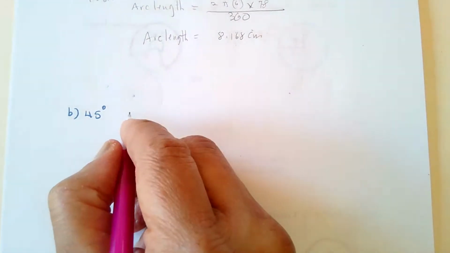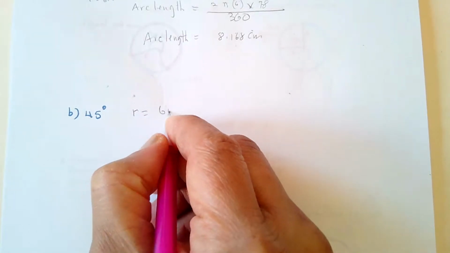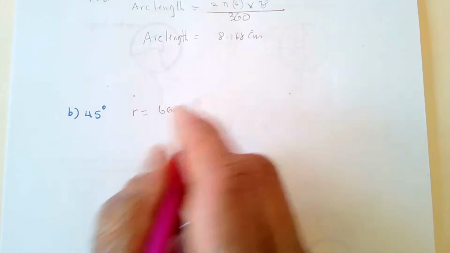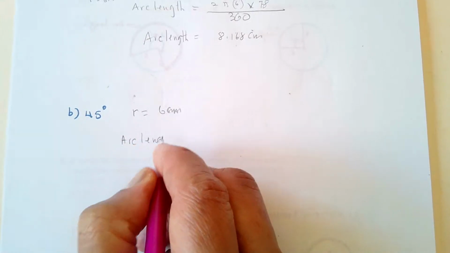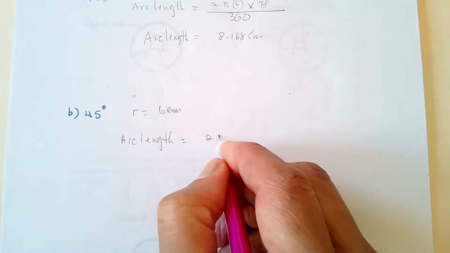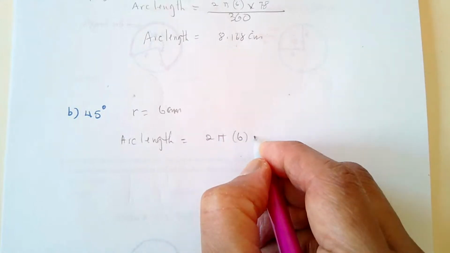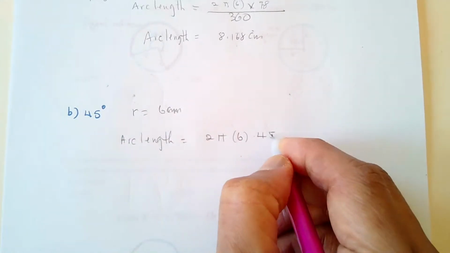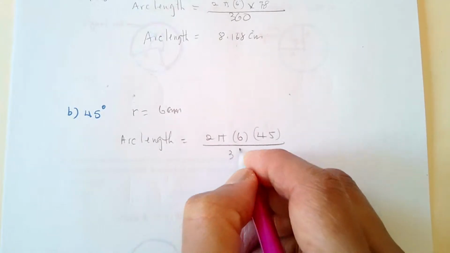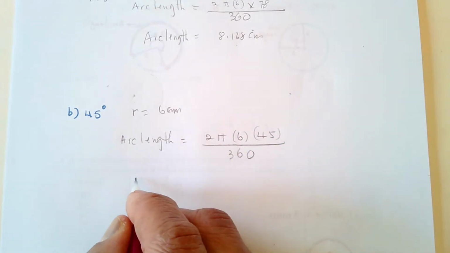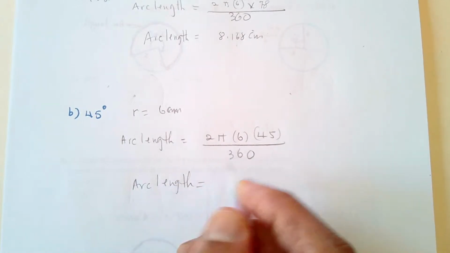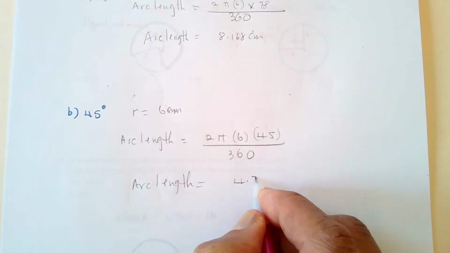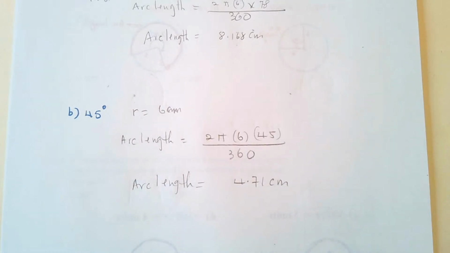Next one we'll do, the radius is equal to 6 centimeters. So we have arc length is equal to 2 times pi times 6 times central angle 45 degrees divided by 360. So arc length is going to be equal to 4.71 centimeters.